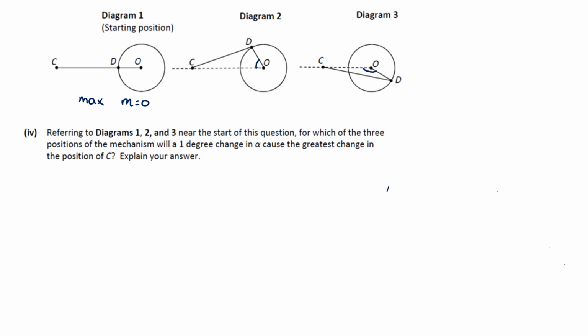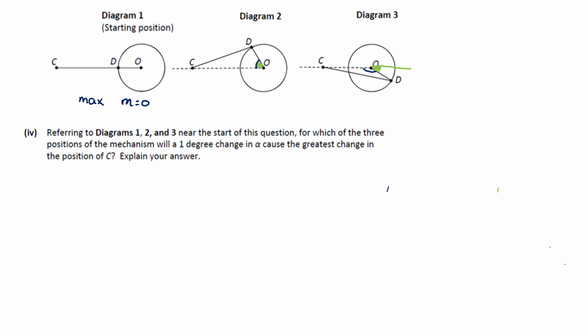What I would say is, this angle here to me is smaller than this angle here. So that means the movement after 180 degrees in diagram 3 is less than the movement from 0. So we're closer to 180 degrees in diagram 2.